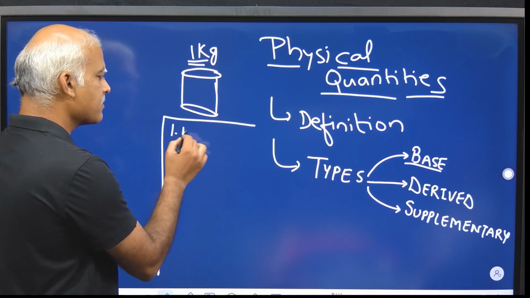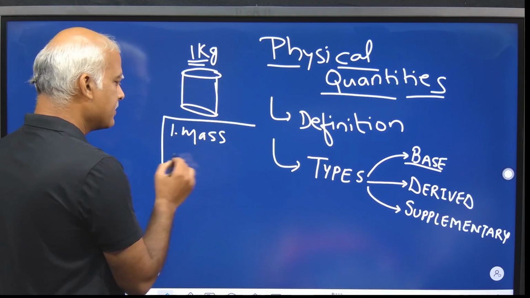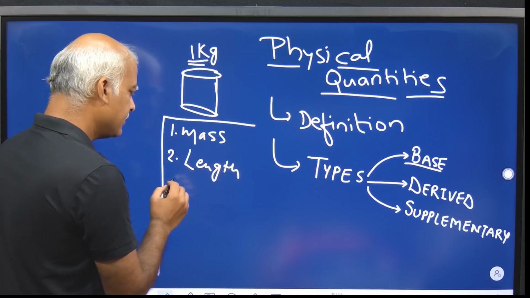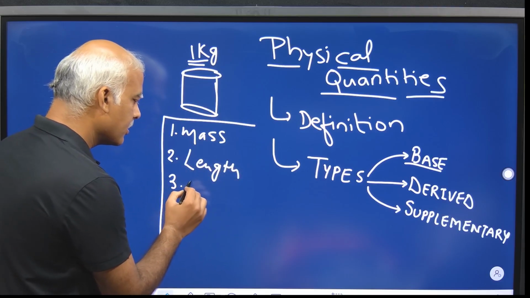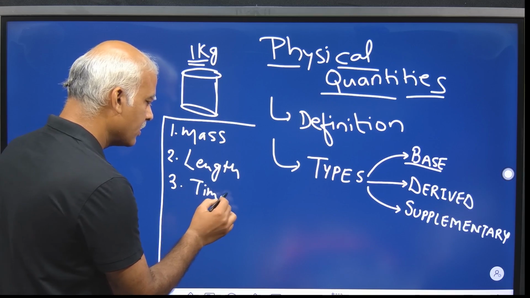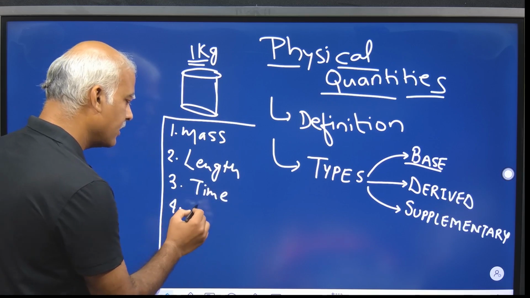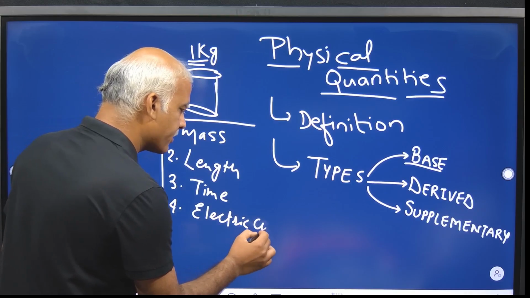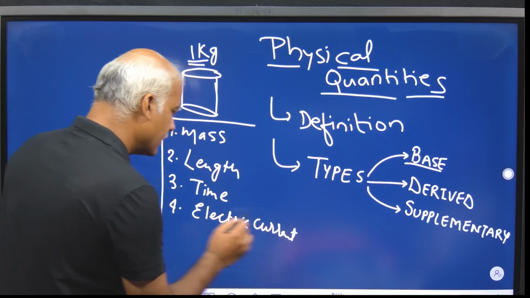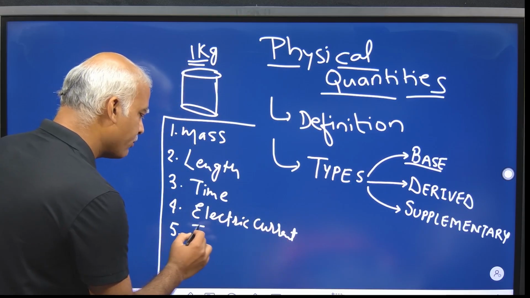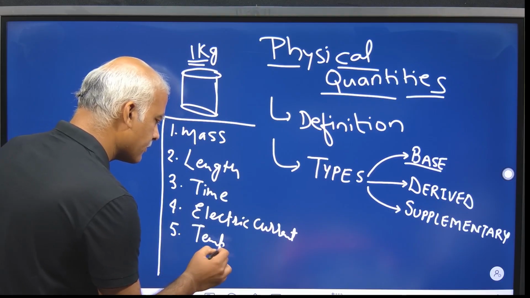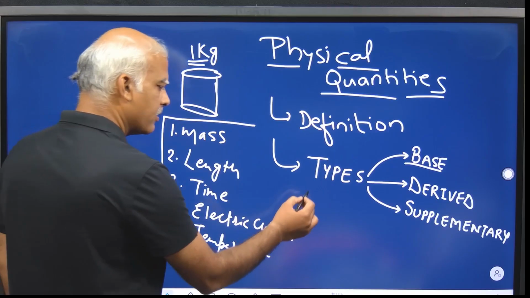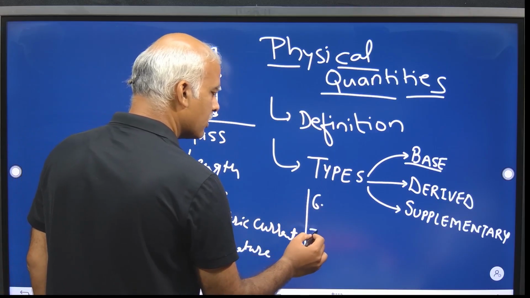The first one is mass. The second one is length. The third one is time. The fourth one is electric current. The fifth one is temperature. They are frequently used quantities. Other than these, we also have two more.